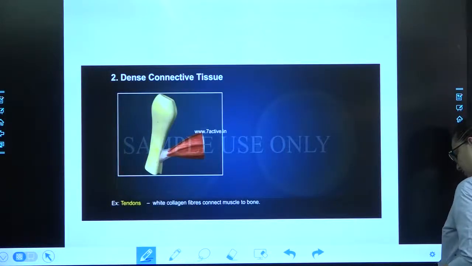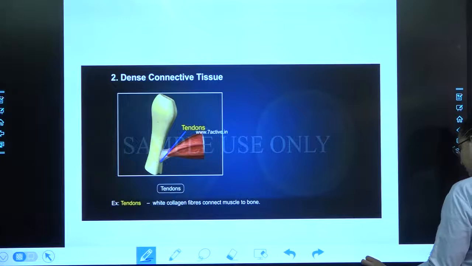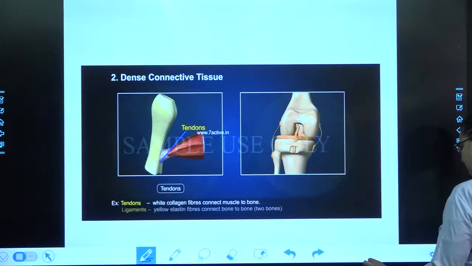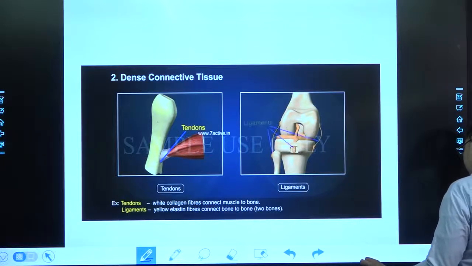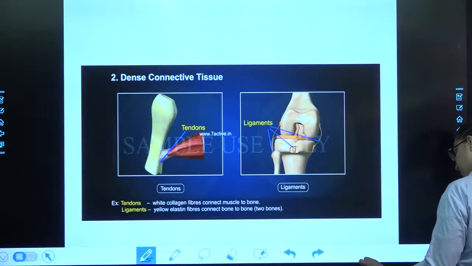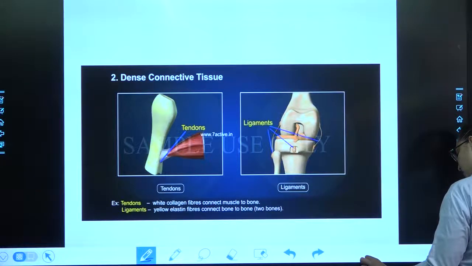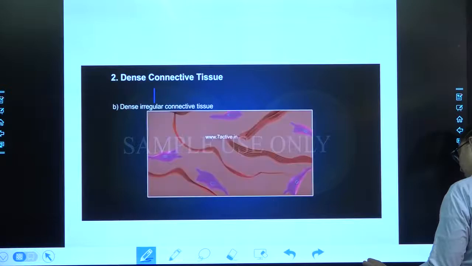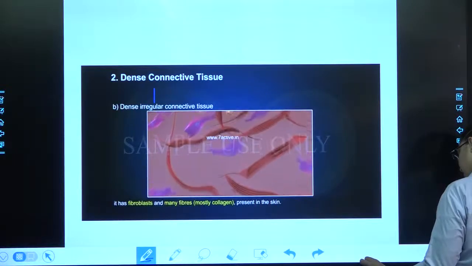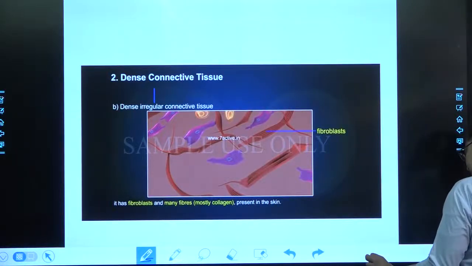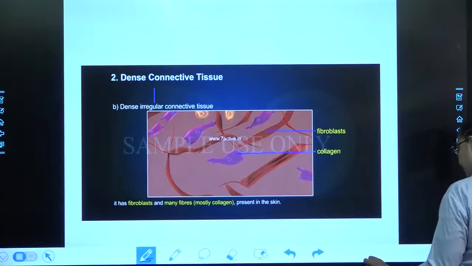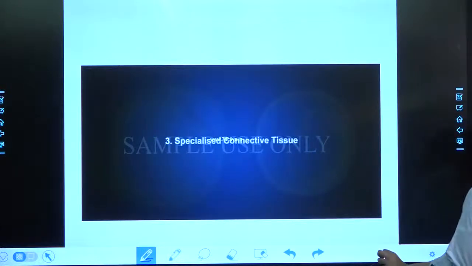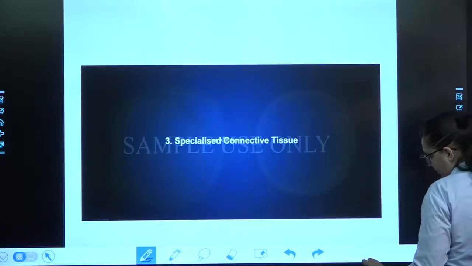Example, tendons. White collagen fibers connect muscle to bone. Ligaments. Yellow elastic fibers connect bone to bone, two bones. B. Dense irregular connective tissue. It has fibroblasts and many fibers, mostly collagen, present in the skin. 3. Specialized connective tissue.